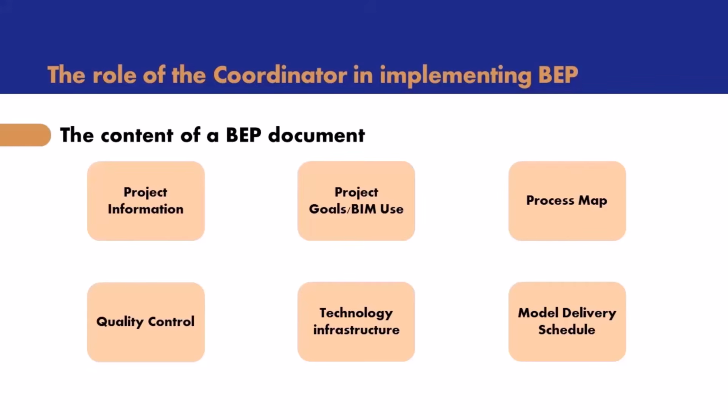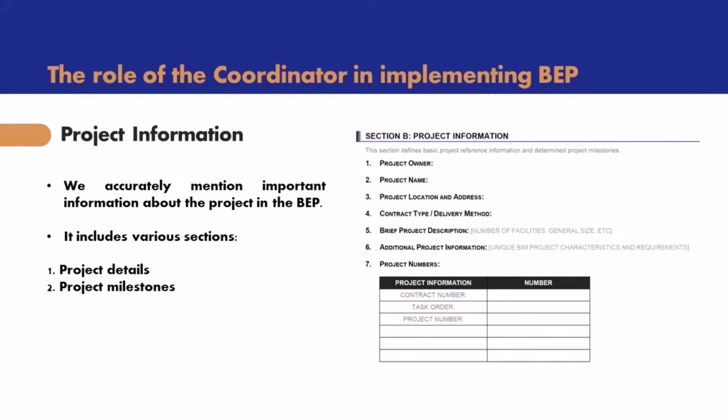As I told you before, project information is in all BEP and you should keep it and not delete it at all. Well, we accurately mention important information about the project in the BEP. It includes various sections. Well, the first section is project details.